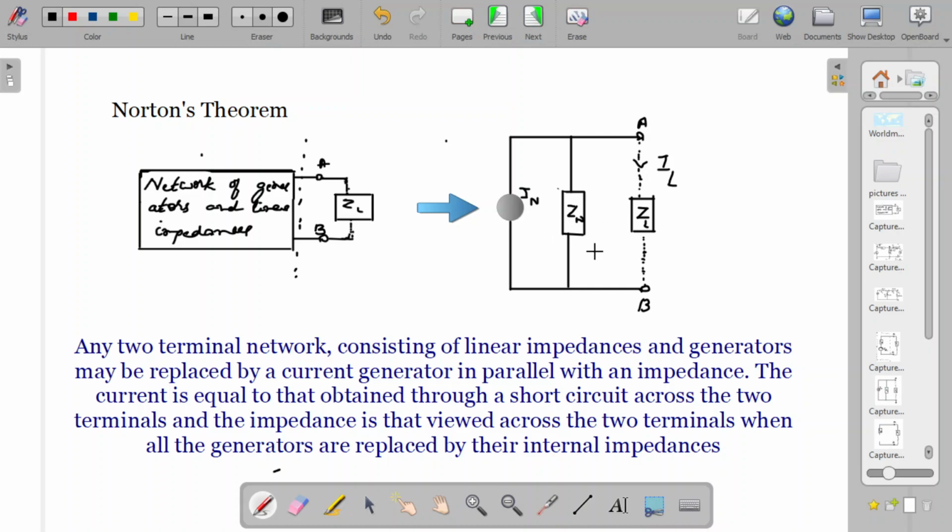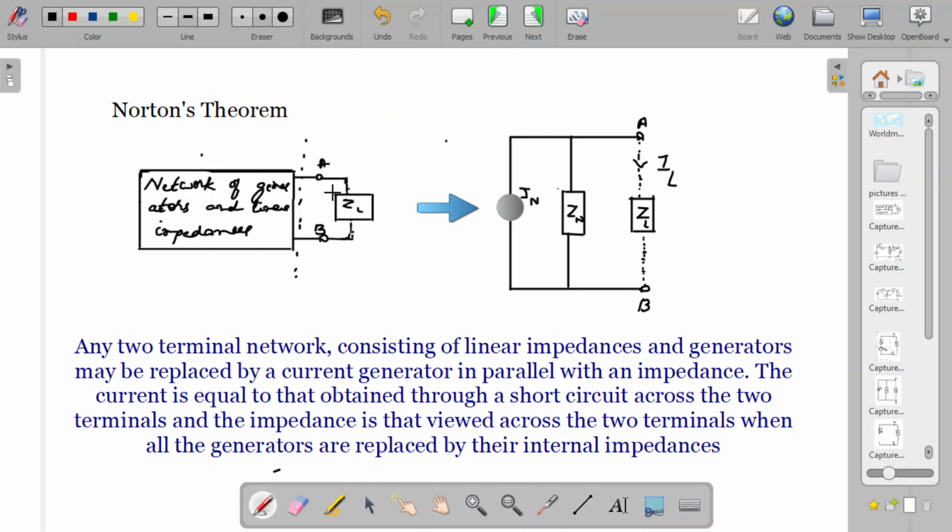Now how can you find this current? This current is equal to that obtained through a short circuit across the two terminals. That is, in this circuit, you remove the ZL and short circuit A and B, which means you connect both of them together. This is in contrast to the open circuit you saw in Thevenin's theorem.